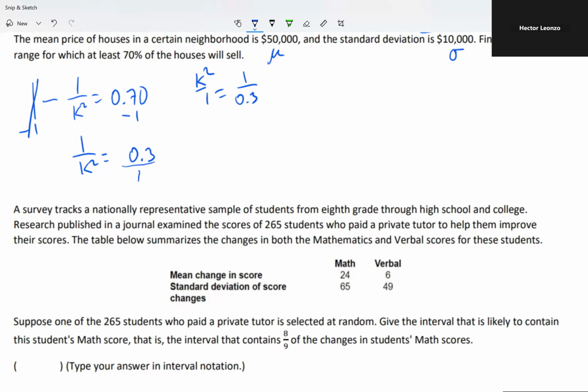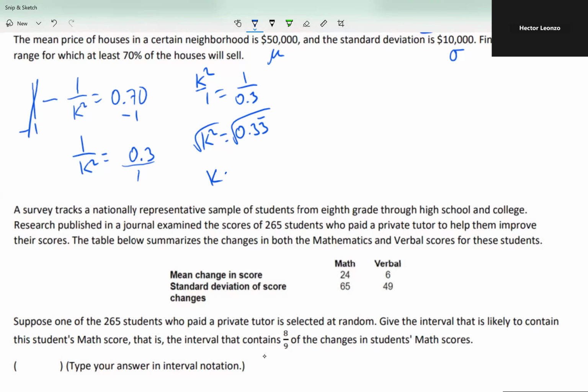So k squared is 1 divided by 0.3, which is a bunch of 3s. If I take the square root of that, it gives me my k, and my k is about 1.83.